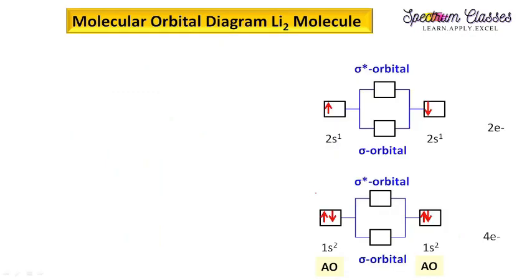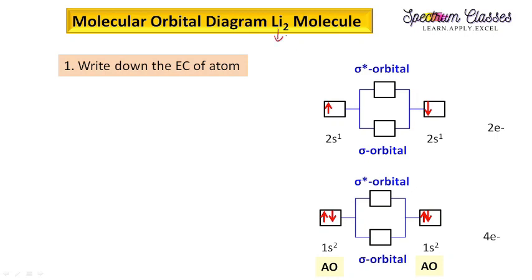Now coming to the next example. The next example is with lithium. What I said is, first write down the electronic configuration of the atom for which you need to write the molecular orbital diagram, right? So for lithium too, you have to write down the molecular orbital diagram. So write the electronic configuration of this lithium atom. What is the use of writing this? This is 3 lithium, 1s2 2s1, right?